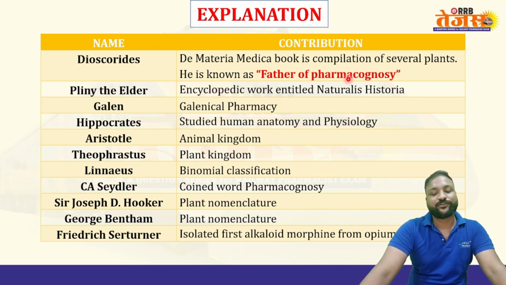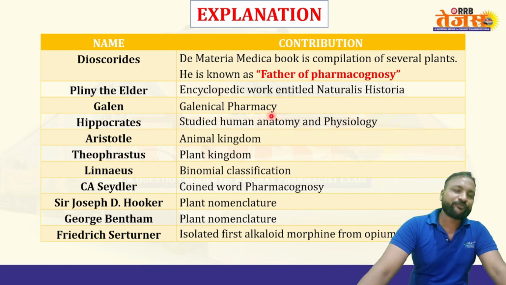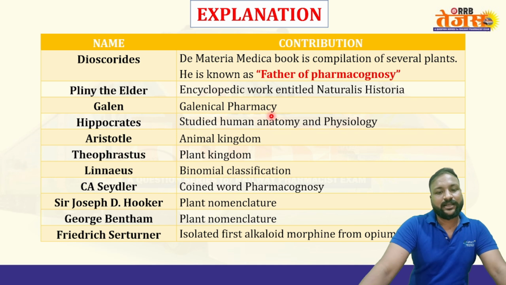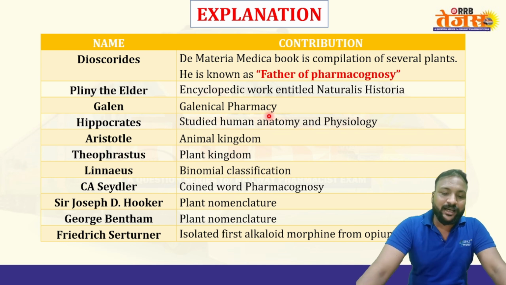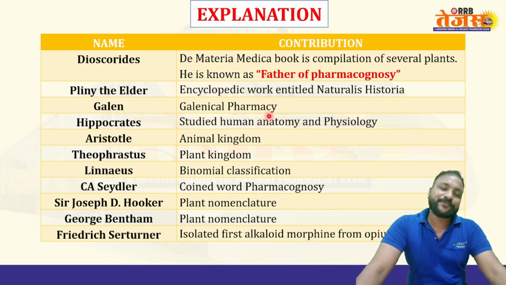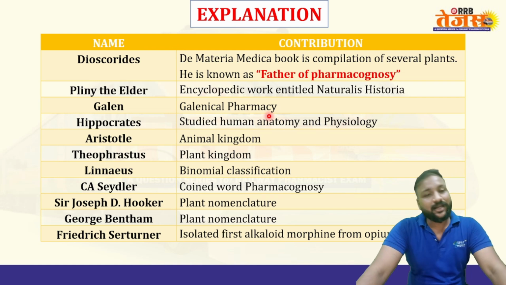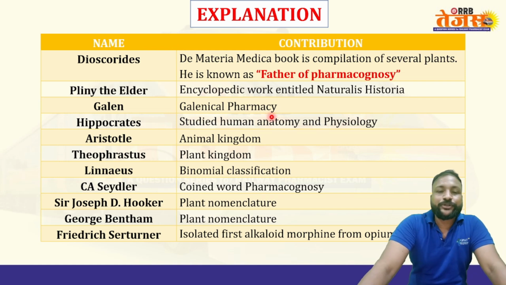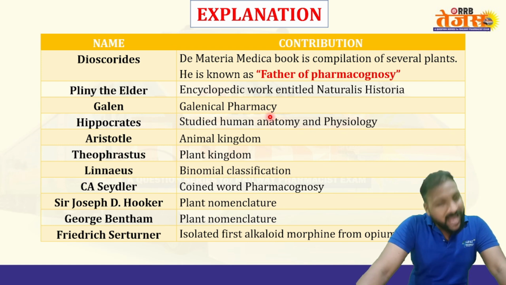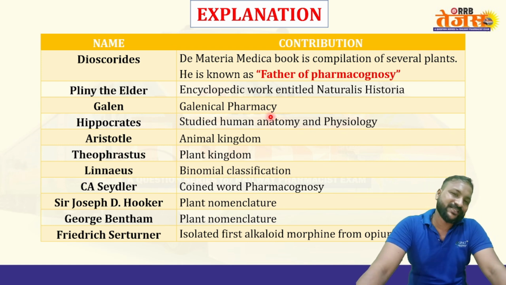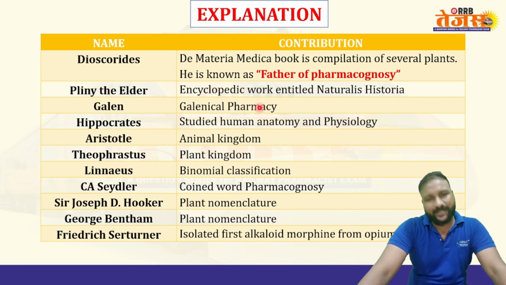When his work was discovered, people observed the compilation of several plants having medicinal values, and they considered him the father of pharmacognosy, because he was the first person who dealt with medicinal plants.